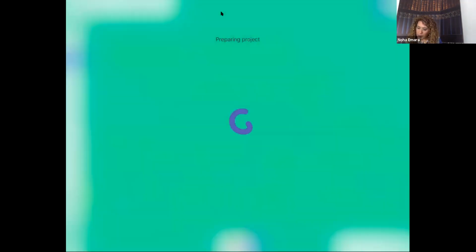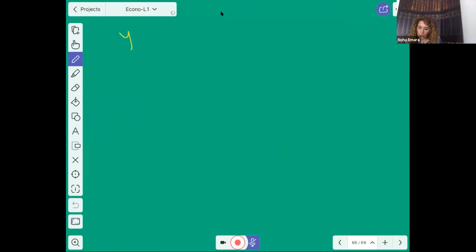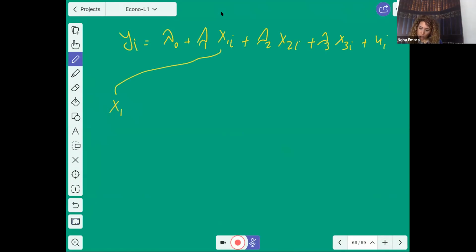Remember that I'm just saying I have a model in which I have yi is equal to, let's say, lambda naught plus lambda 1 x1i plus lambda 2 x2i plus lambda 3 x3i plus ui. For each x in the model, I have to test the VIF. So I would take this one and I have its own regression. x1i has alpha naught plus alpha 1 x2i plus alpha 2 x3i plus vi.